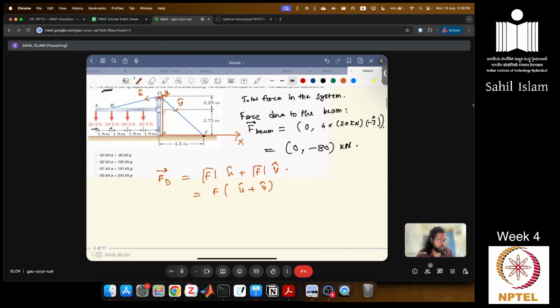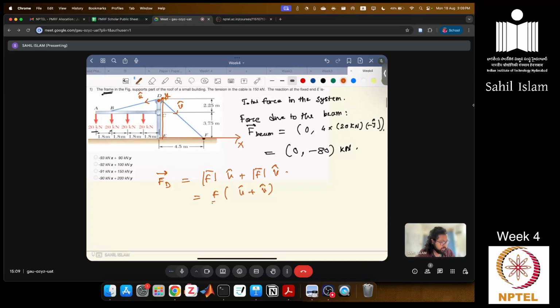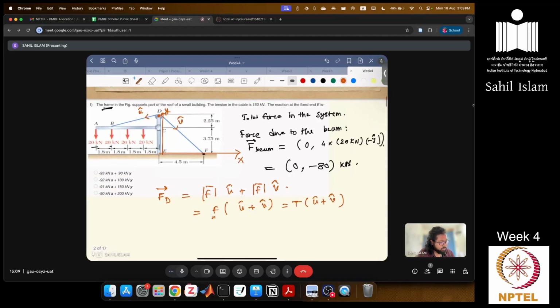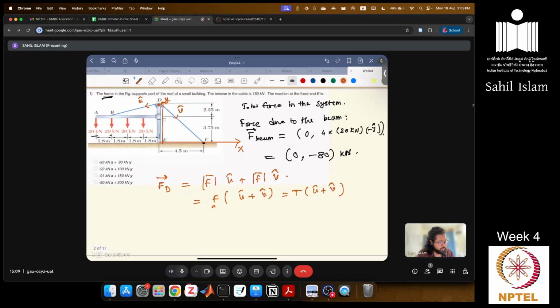Now we have to find out what u cap and v cap are, because this force is nothing but the tension in the rope times u cap plus v cap. Now this u cap is in the direction of D to B. So u cap we can write as vector dB over its magnitude, where vector dB is vector B minus vector D. What is B?